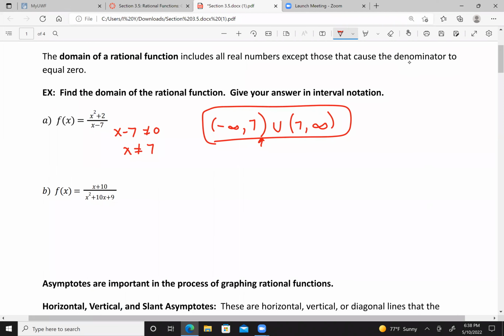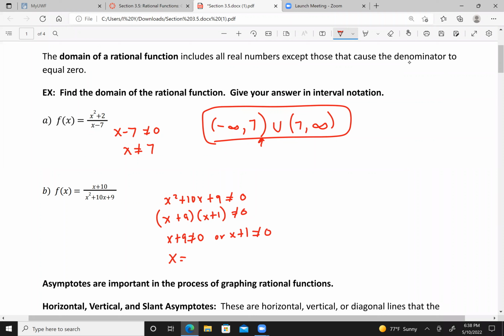Okay, now we have x squared plus 10x plus 9, again, cannot equal 0. Well, this factors to x plus 9 times x plus 1. So x plus 9 cannot equal 0, or x plus 1 cannot equal 0.